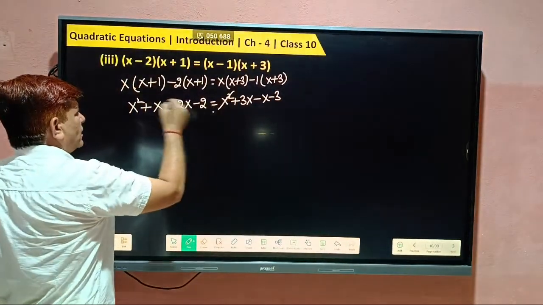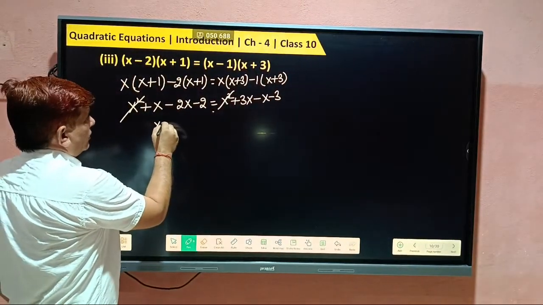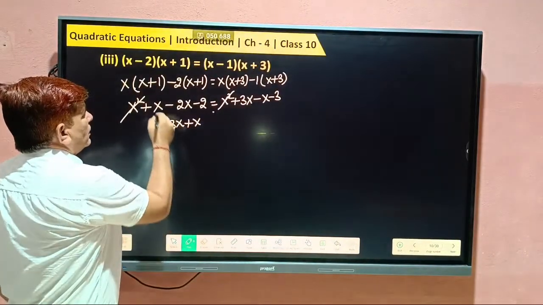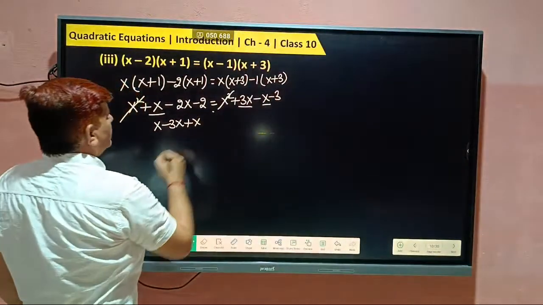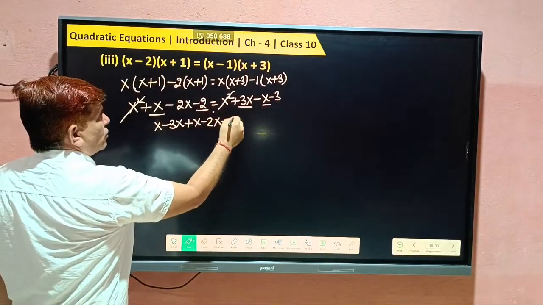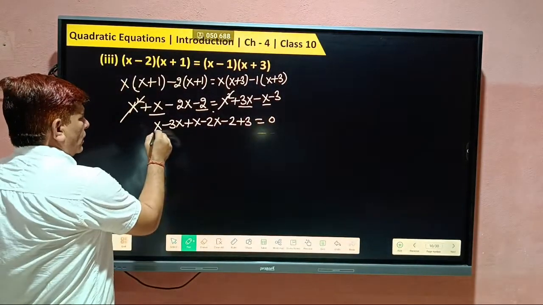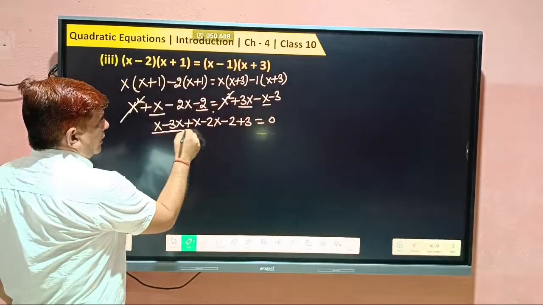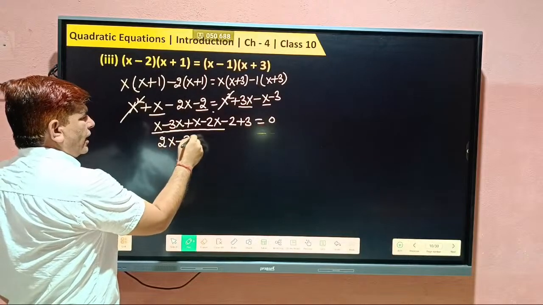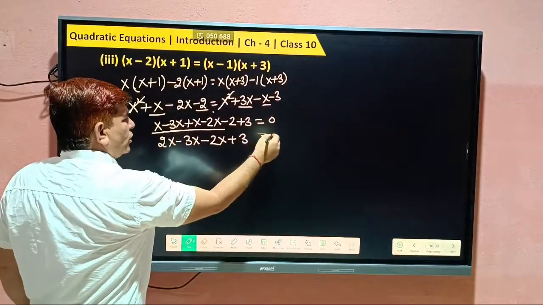If you check this, cancel this. Bring the remaining to one side: x − 3x + x and −2x, then −2 + 3 = 0. If you operate till here, you get −x + x − 2x − 3x... that is, −2x + 3 = 0.